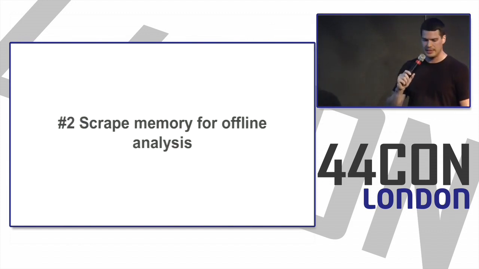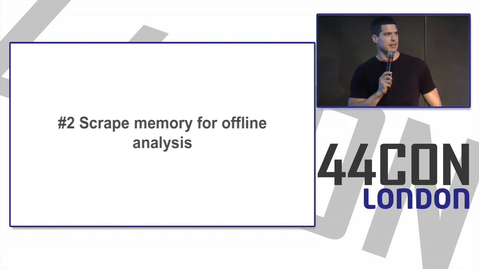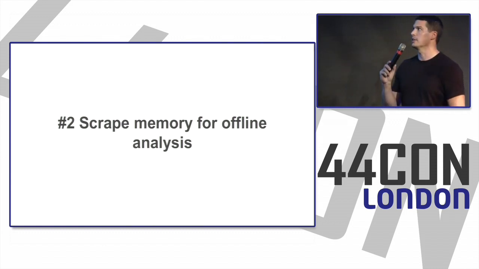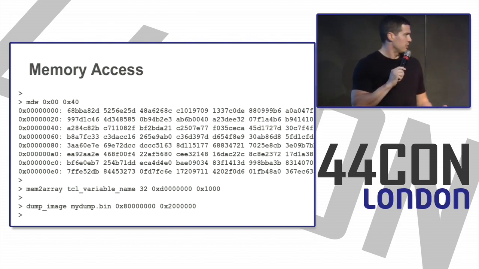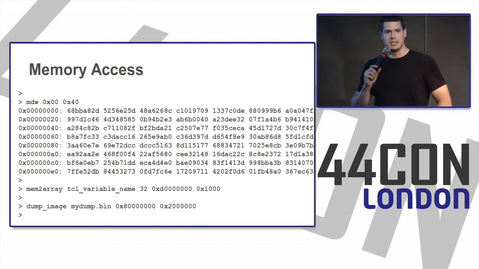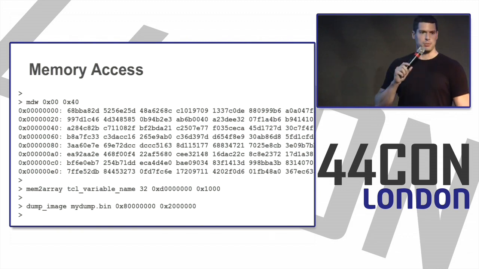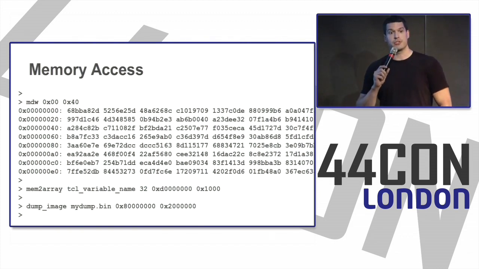So the second example we have here is slightly faster, and we're going to use some of these commands to just dump all of memory, and then we can analyze it. Joe mentioned OpenOCD, and OpenOCD is really the tool that understands all these proprietary commands for doing the memory and the register accesses.